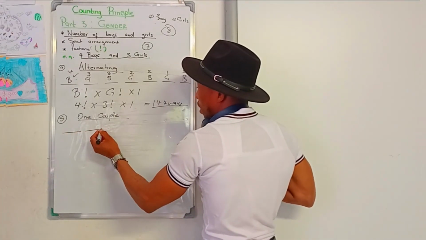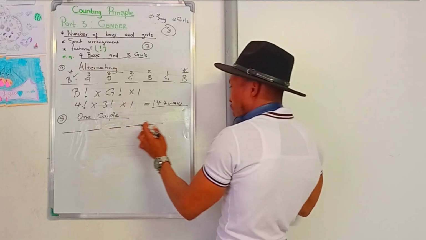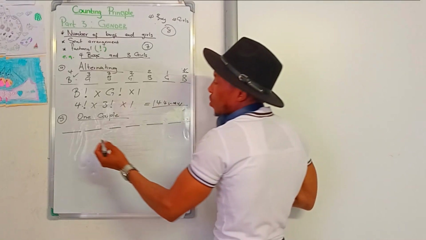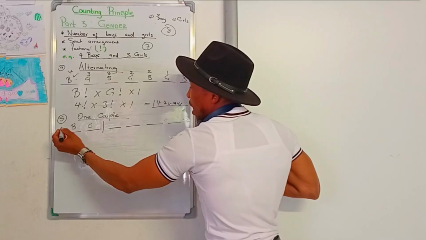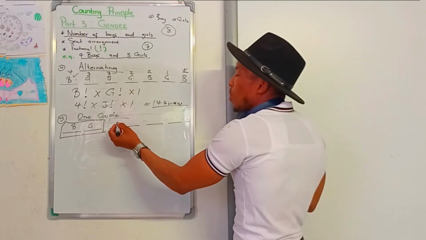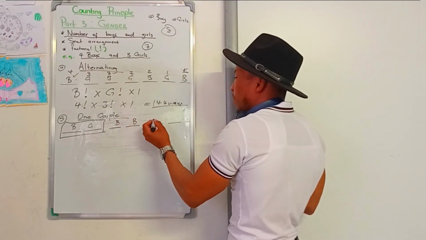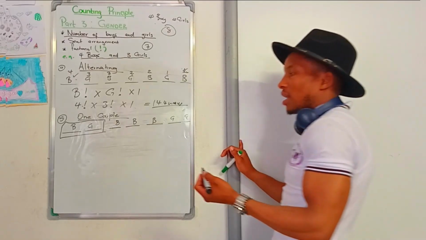Remember, the couple is a boy and a girl. 1, 2, 3, 4, 5, 6, 7. Then one couple is grouped, which can be a boy and a girl, and it must be together. Then we are left with a boy, a boy, a boy, a girl, and a girl. Yeah, all right.